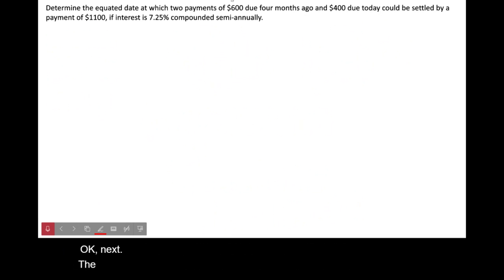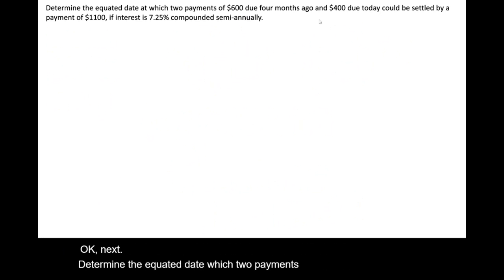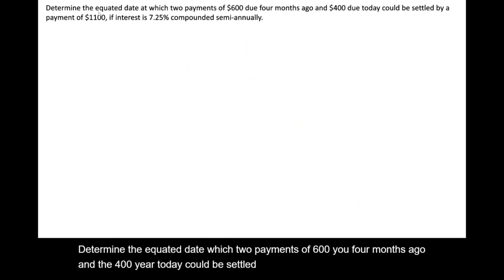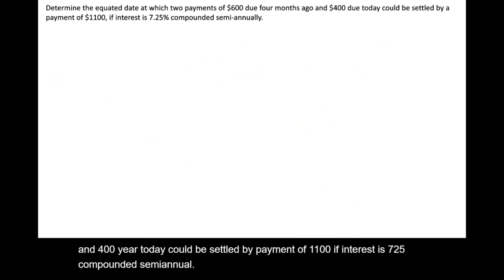Determine the equated date at which two payments of 600 due 4 months ago and 400 due today could be settled by a payment of 1100 if interest is 7.25% compounded semi-annually. Okay, take 2 minutes and do it.